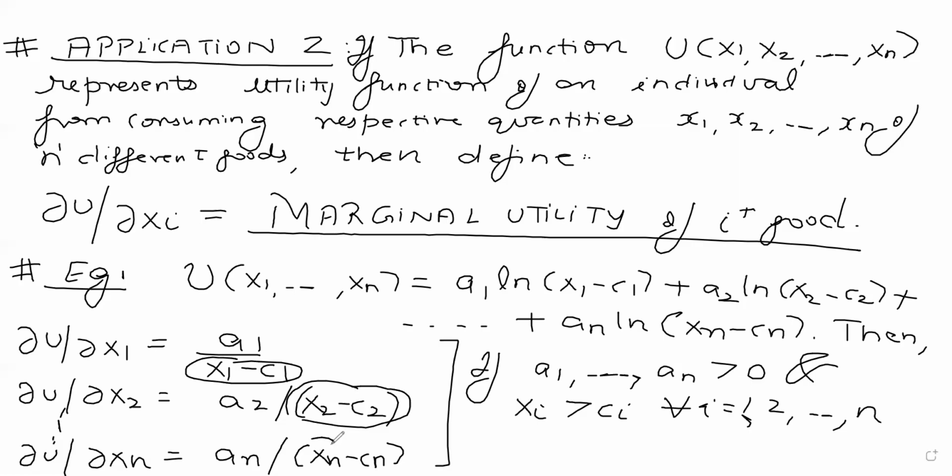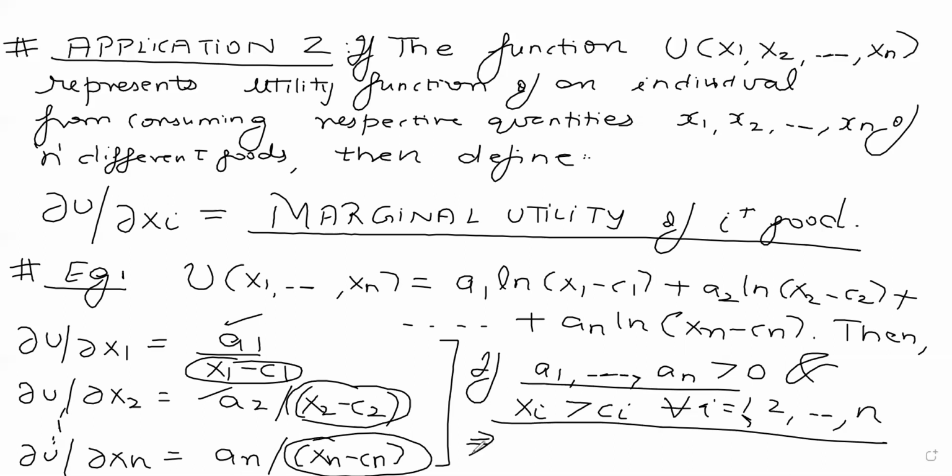If all the denominators are positive and all the numerators are also positive, then this implies all the marginal utilities are positive for this particular function. All the marginal utilities are positive.